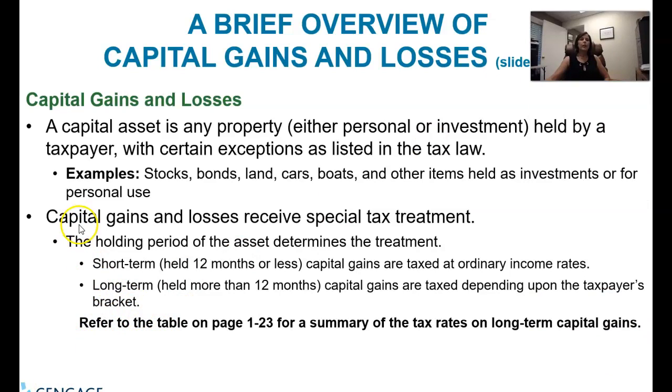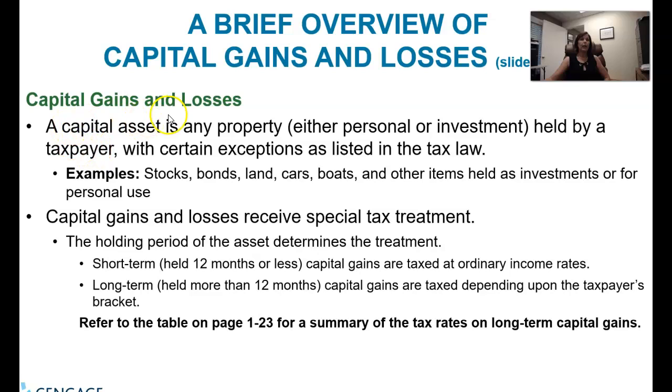Now, I don't want you to get too hung up on the capital gains and losses issue at this point, because this is something that we're going to devote much more extensive time to later on in the term. This is really just an exposure to the concept.